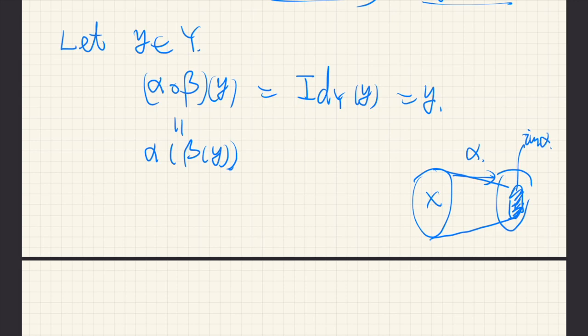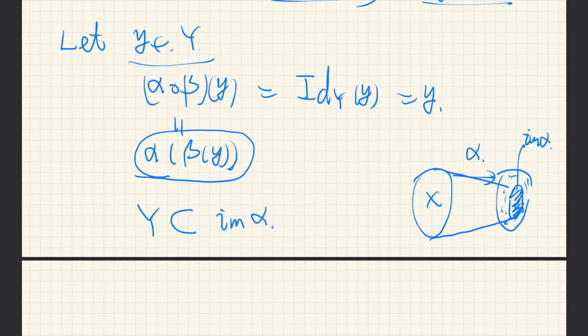But here, for any y in the codomain of alpha, that is in the image of alpha. So that means y is a subset of the image of alpha.